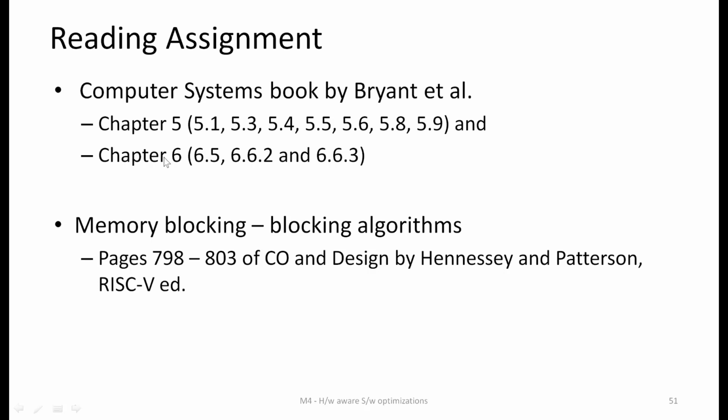In chapter 6, this is where the authors deal with exploring or increasing the locality part of the program that we have discussed today. Just these three subsections in chapter 6 would suffice.